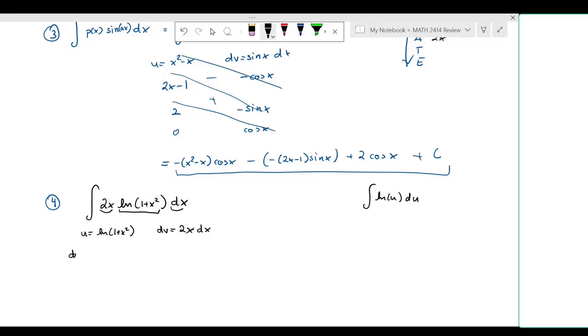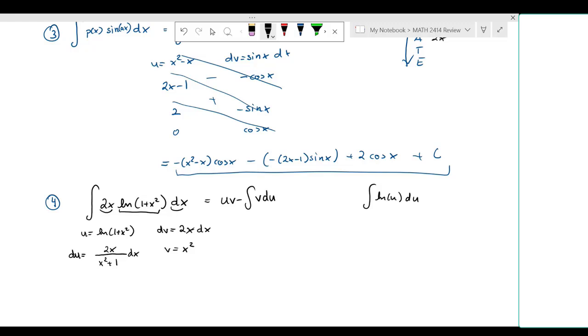Okay, so then we compute the rest of the parts in order to plug into our parts formula. And don't forget the chain rule, the derivative of log is 1 over whatever's sitting inside the log, in the chain rule, right? And v would be x squared.